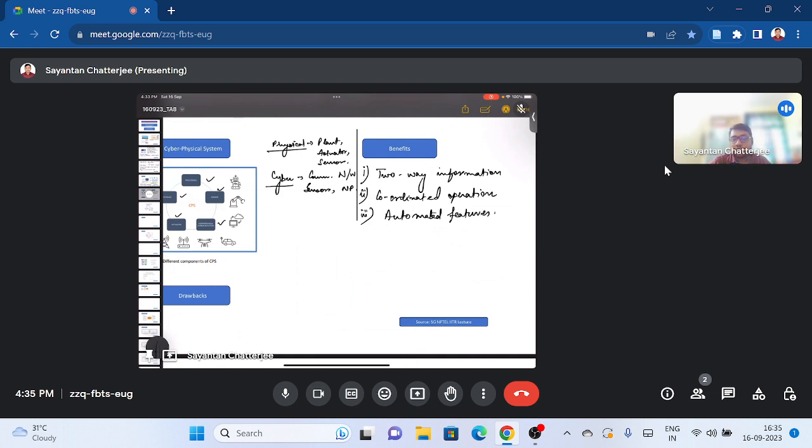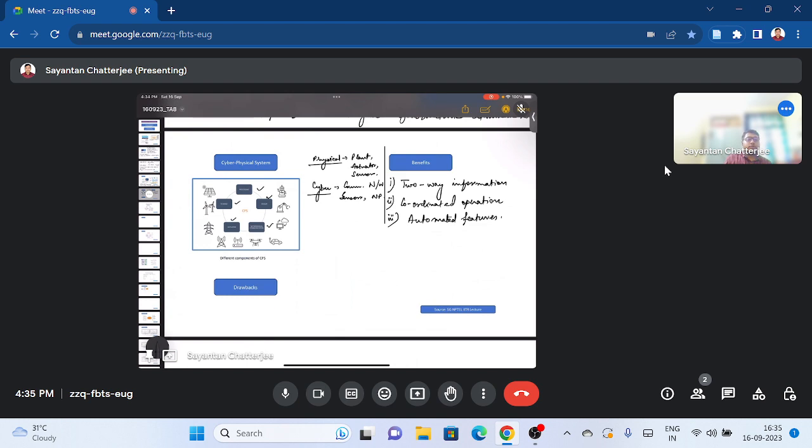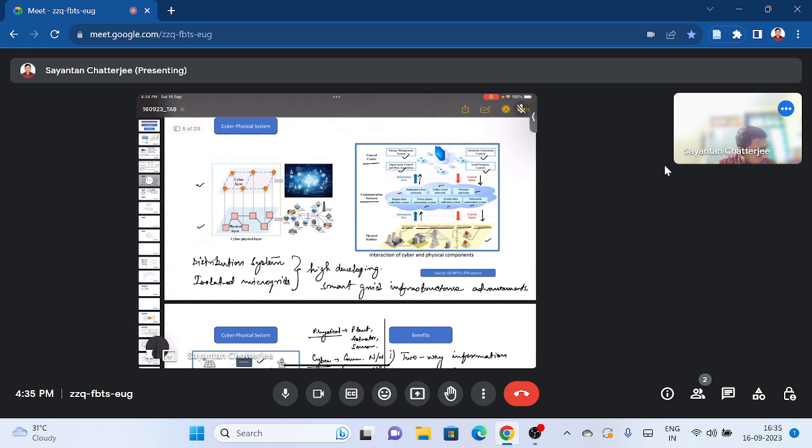Two-way information flow is a must in this smart grid architecture. The information flow is from both the distribution side and the communication side, not only unidirectional, and the control strategies are not unidirectional. There is bidirectional information flow as well as power flow. Previously there was no bidirectional power flow, and information flow was highly restricted.